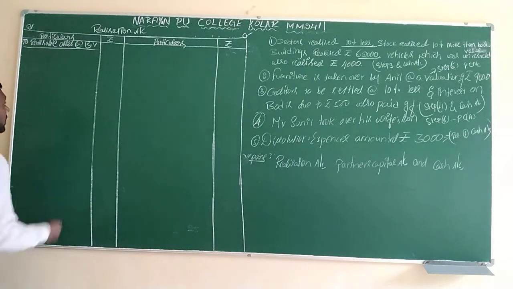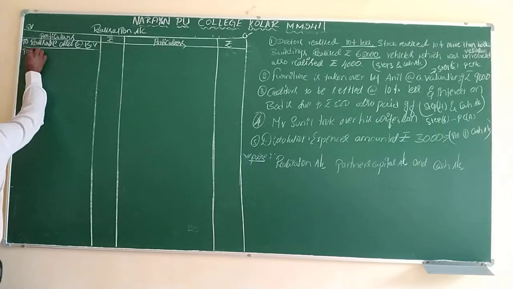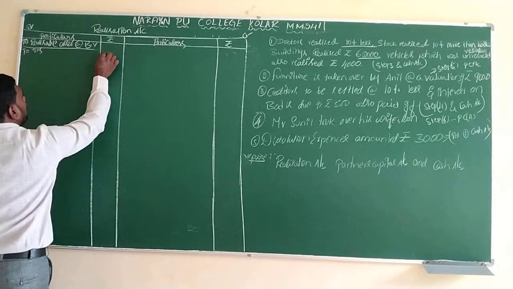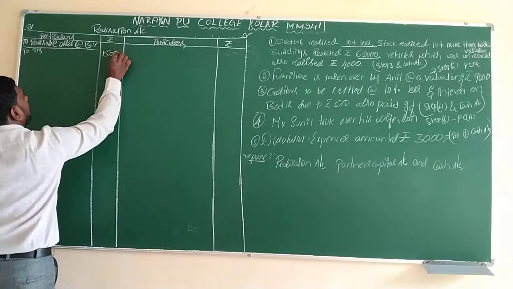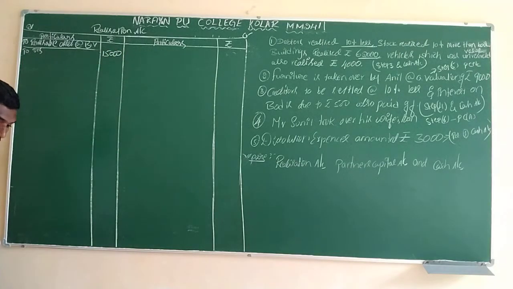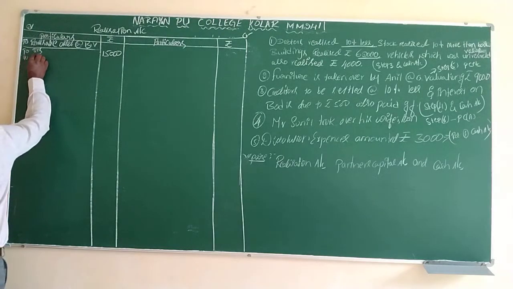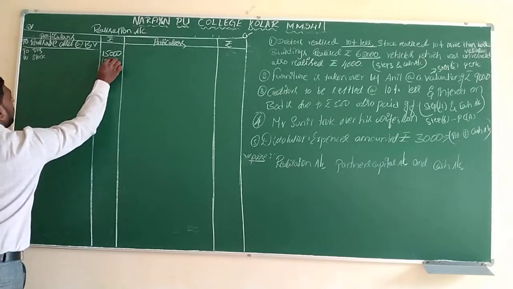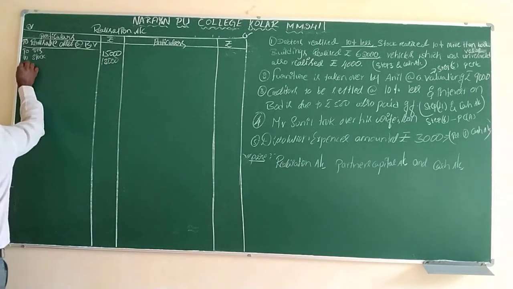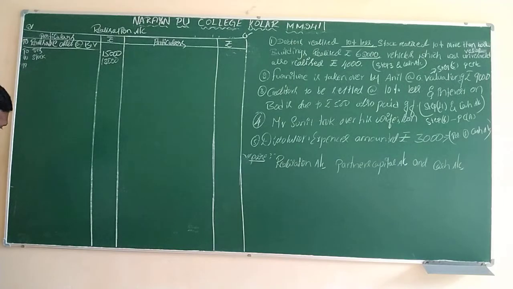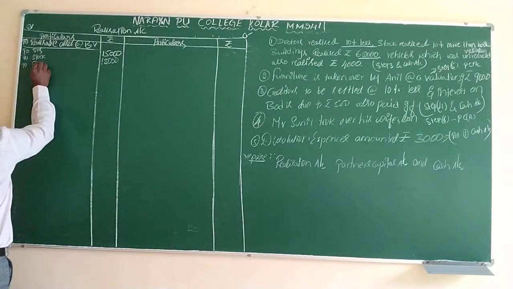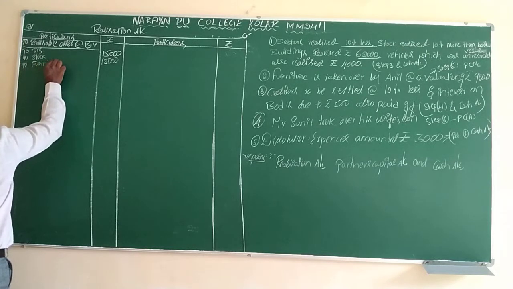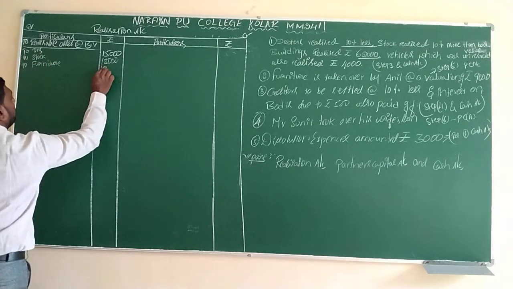First point, debtors, the value is 15,000. Stock 18,000. Furniture 12,000.